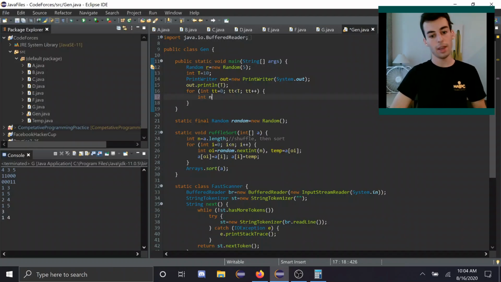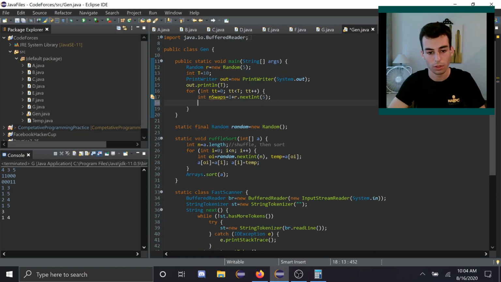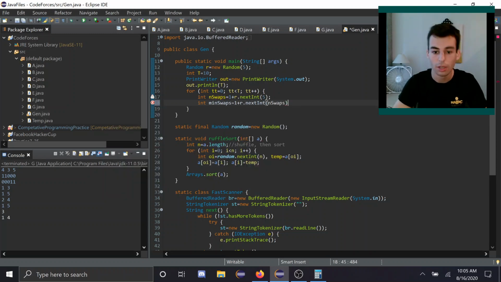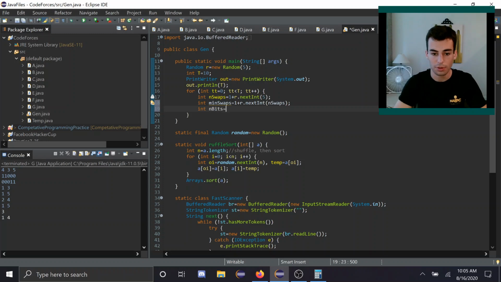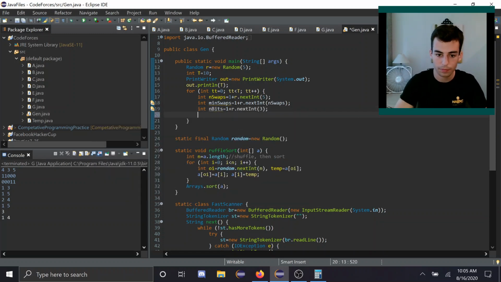Okay, int n bits, or n swaps, equals 1 plus r dot next int 5. Int n swaps equals 1 plus r dot next int swaps. Int n bits equals 1 plus r dot next int 3.